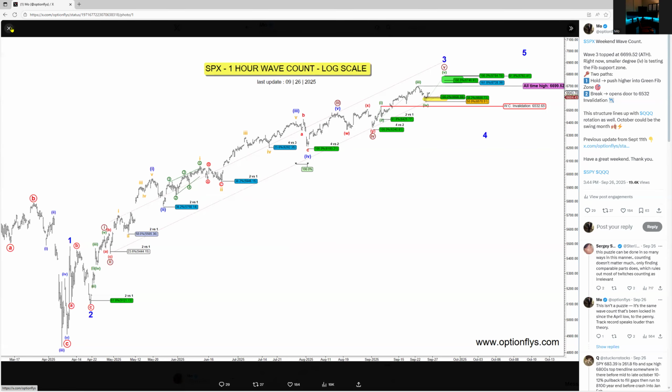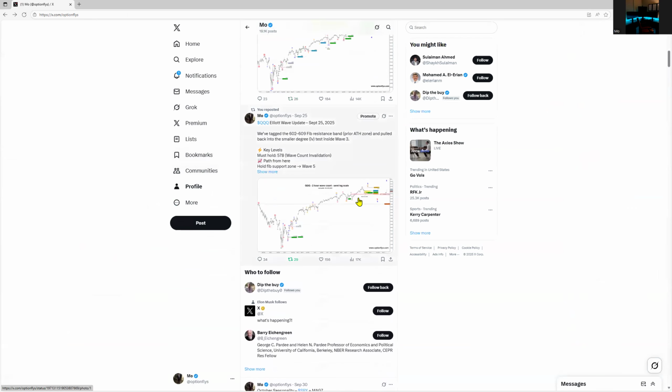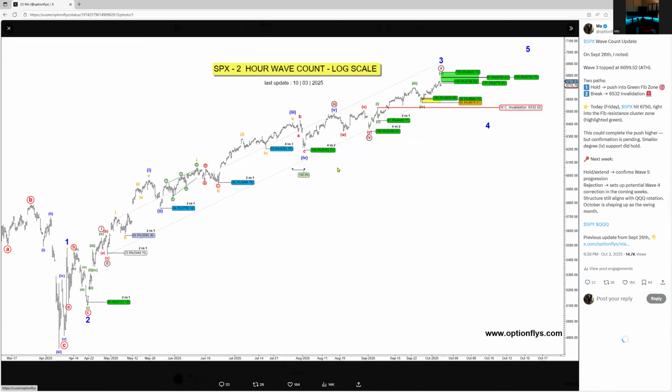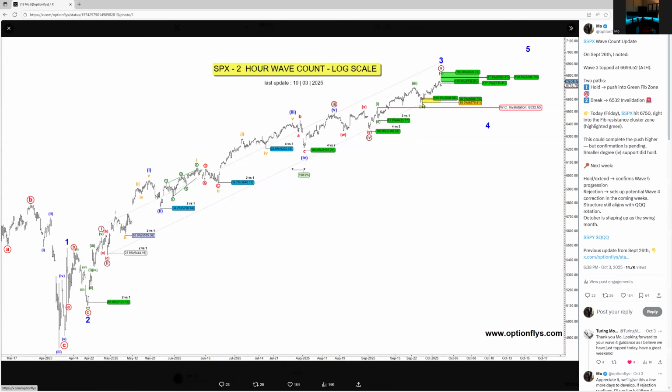Okay, so from here, where we are, we held the fourth. We made room back to the upside. Here we are now. You see right there, there's a massive cluster of fib resistance here. You see how many of them are starting to stack? I just run all of these swings to see where the cluster of fibs can form to the top.